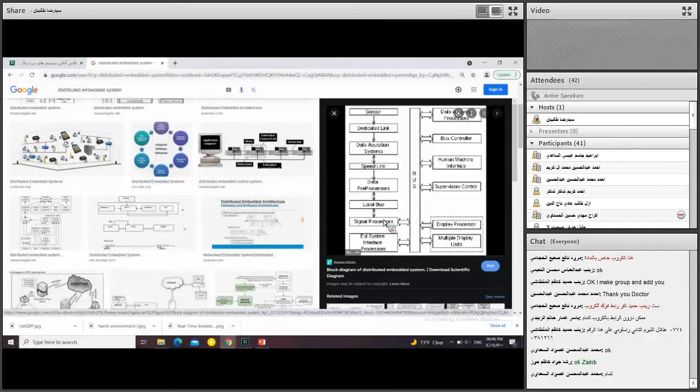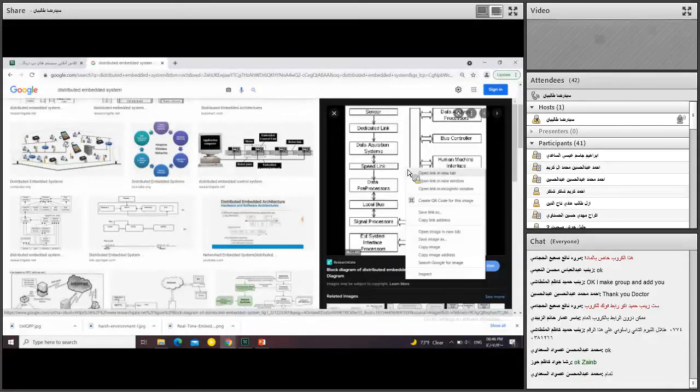Maybe an embedded system is composed of some of them, or another embedded system may be composed of all of them. This is general.